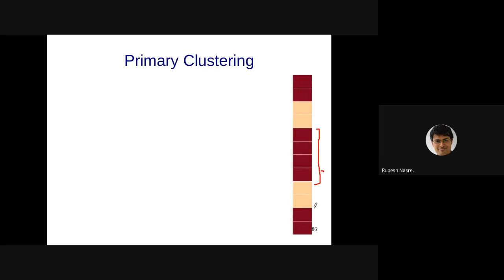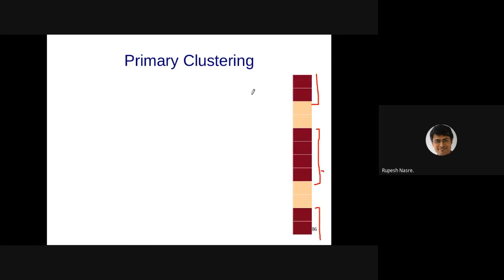here and then here. So these are kind of linear chunks which are going to make your elements get clustered together, getting grouped together, right?